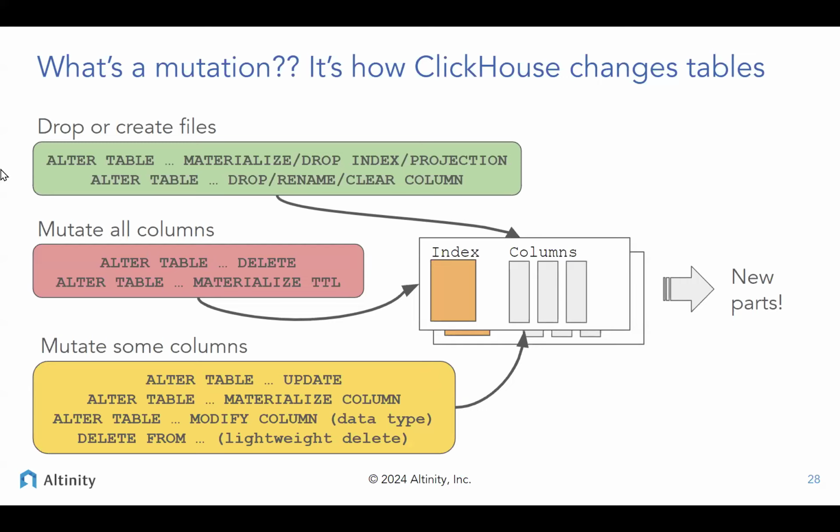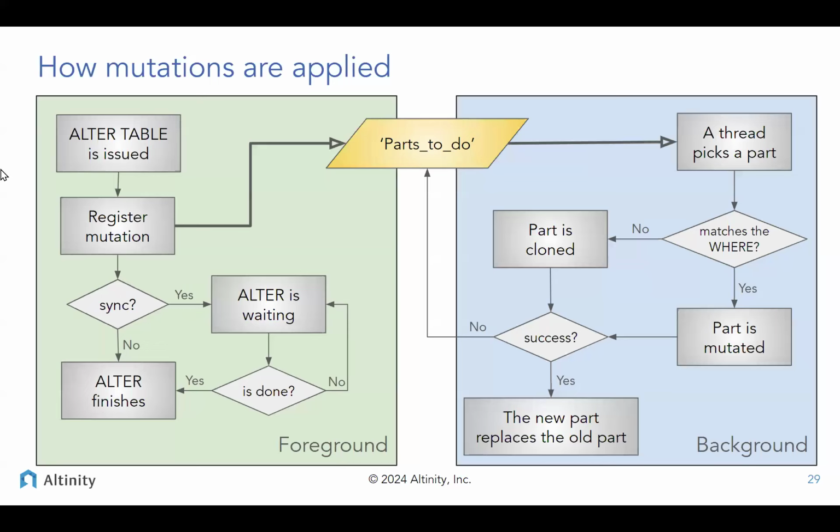So in all cases, ClickHouse will process these in a queue and create new parts. I won't go through this whole picture, but the basic idea is that when you do an alter table, it's going to stick it into a queue, which you can look at, and we'll show an example of this in a second.